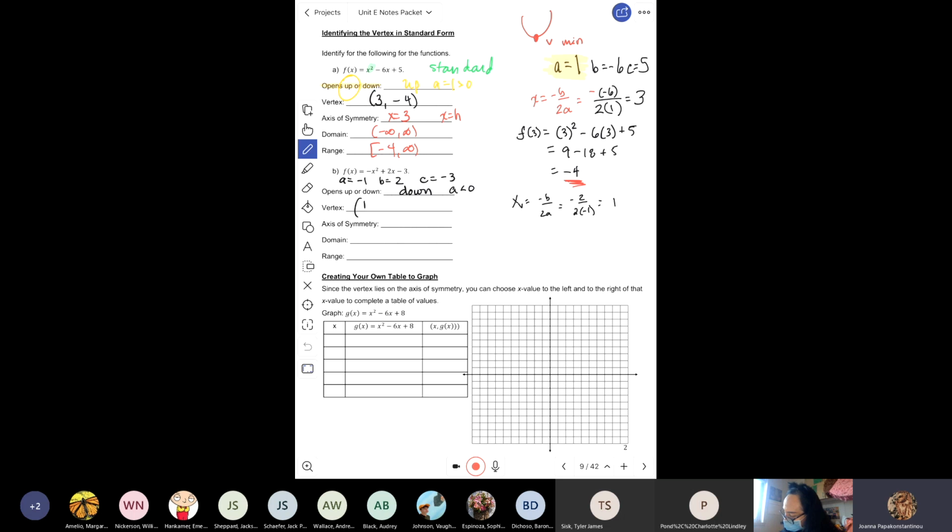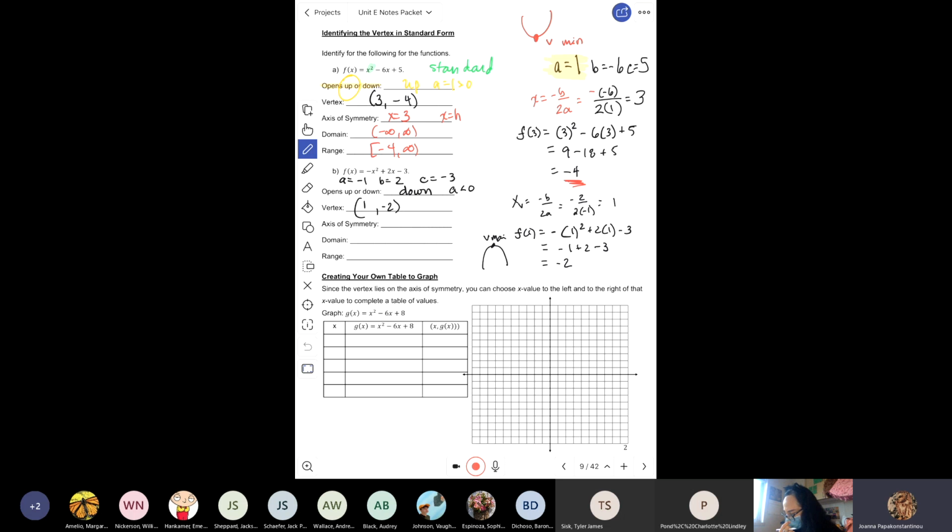Once I have x, I substitute it back into my function, and I have to be very careful. Okay, so that's going to be -1 plus 2 minus 3, which is what? Beautiful. There's my vertex. Now we said this opens down, so my vertex is a max. So we got to keep that in mind.